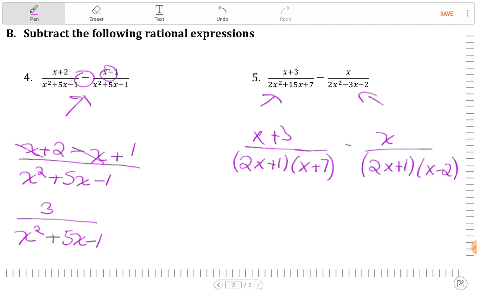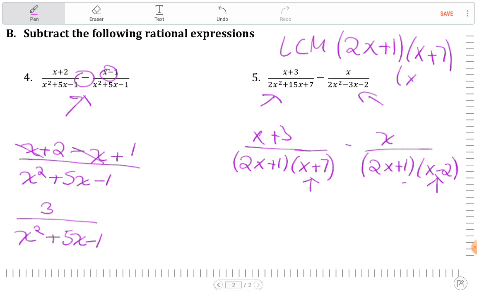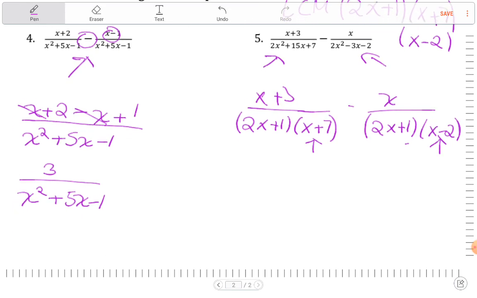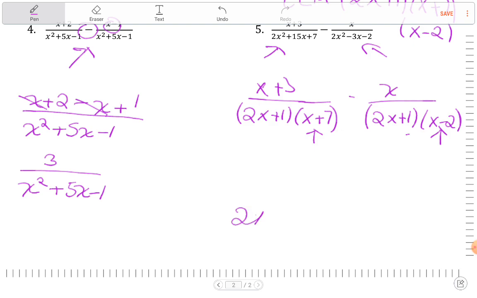So you want to check, what's my least common multiple? I'm going to write it up here. They both have the 2x plus 1 in common, so we're definitely going to need this in the denominator. Then I also have an x plus 7, and I have an x minus 2. So those are going to create our common denominator. So I want to have a 2x plus 1, an x plus 7, and an x minus 2, which is your denominator.